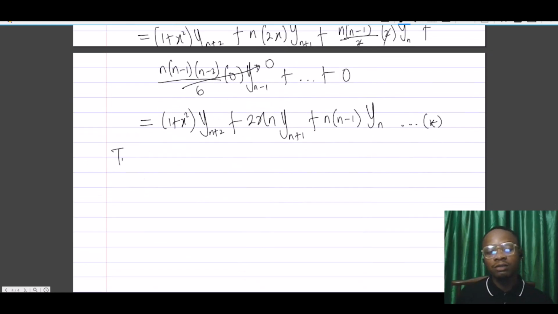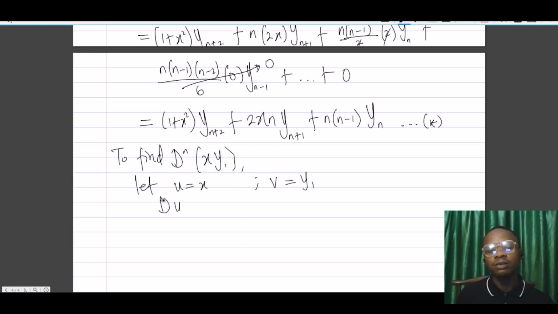To find the nth derivative of xy1, we let u be equal to x. We know its derivative will vanish, and let v be equal to y1. Then u' will be equal to 1, v' will be equal to y2, that's the first derivative of the first derivative. And then we know u'' will be equal to 0, and v'' will be equal to y3.